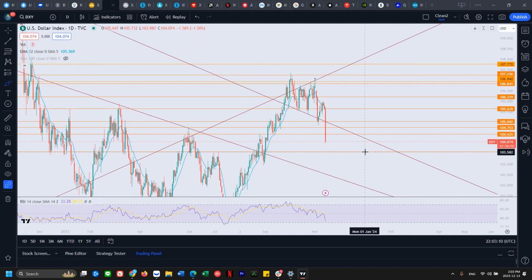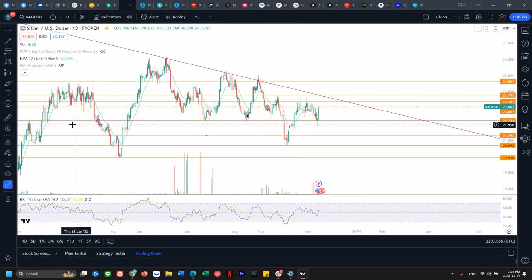As of now, it may head to 103.5 if we get another better than expected PPI data tomorrow morning, because we'll get another inflation data tomorrow morning, 8:30 a.m. EST. So ideally, let's say we get a better read, this will probably just go straight down to 103.6 and then bounce, which also coincides with silver.